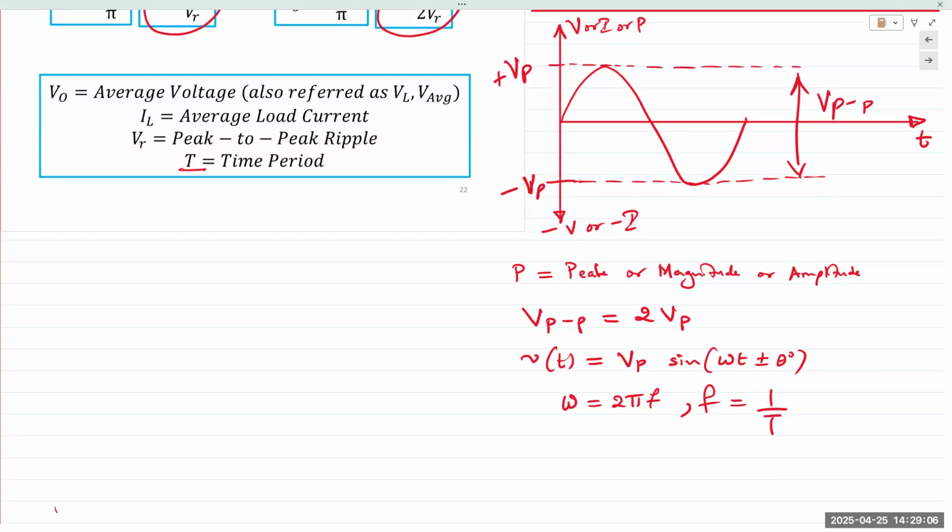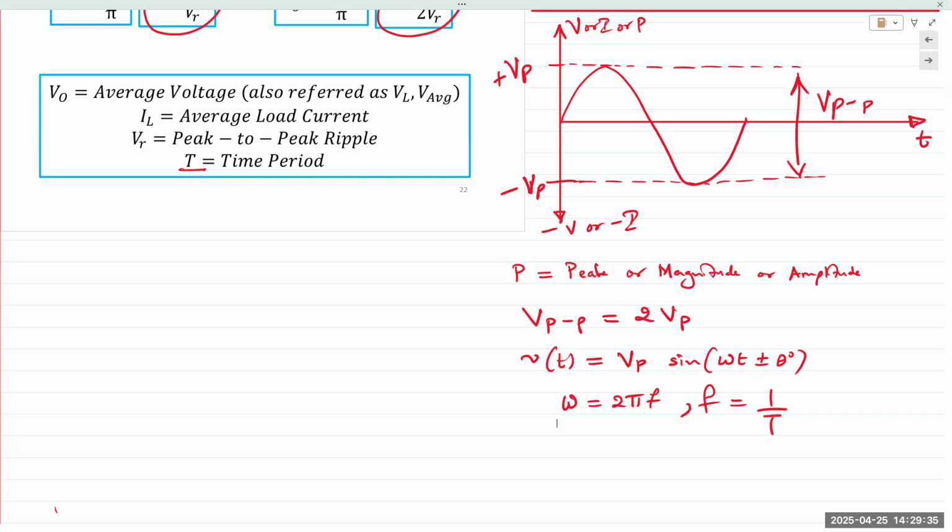Let's say 10 volt DC to a 100 ohm resistor. That 10 volt DC is going to send some power. It's going to send some energy into that resistor, right? So if we wish to send the same energy via an AC waveform, it requires a certain value. So the RMS value of an AC waveform is the equivalent DC value that would produce the same energy in that resistor.